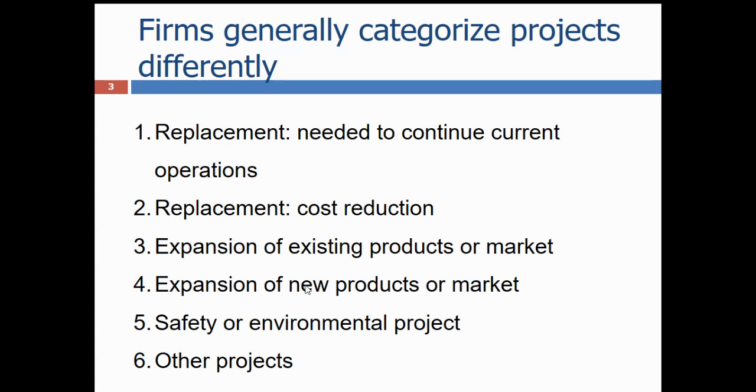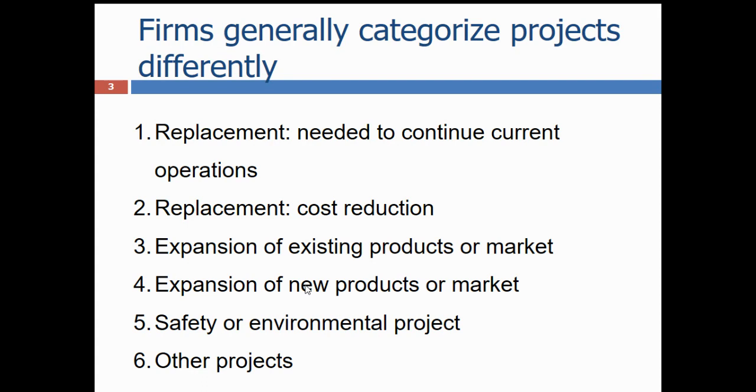So now you're replacing the old machineries with cutting-edge machinery where you can reduce the resources and the energy consumption, and be more efficient. So that is the second reason. You're replacing so that you can reduce the cost.